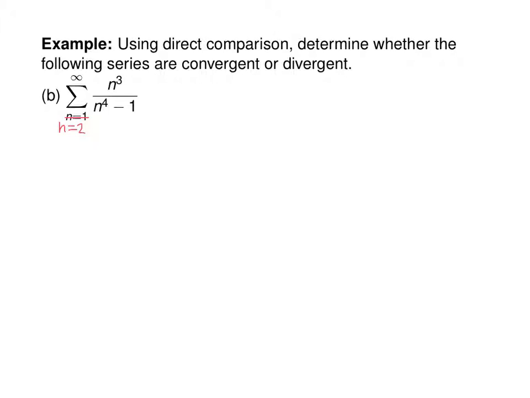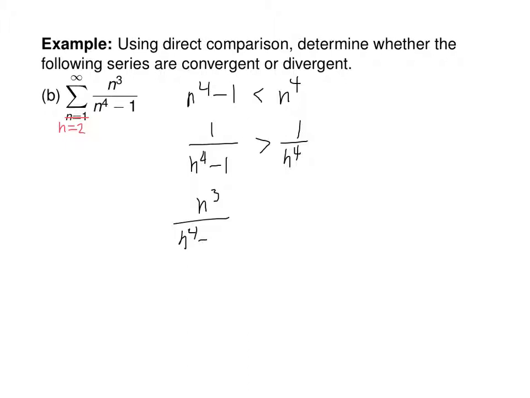But anyhow, notice here that n to the 4th minus 1 is less than n to the 4th. So 1 over n to the 4th minus 1 is greater than 1 over n to the 4th. And because n is positive, we have n cubed over n to the 4th minus 1 is greater than n cubed over n to the 4th, which is 1 over n.